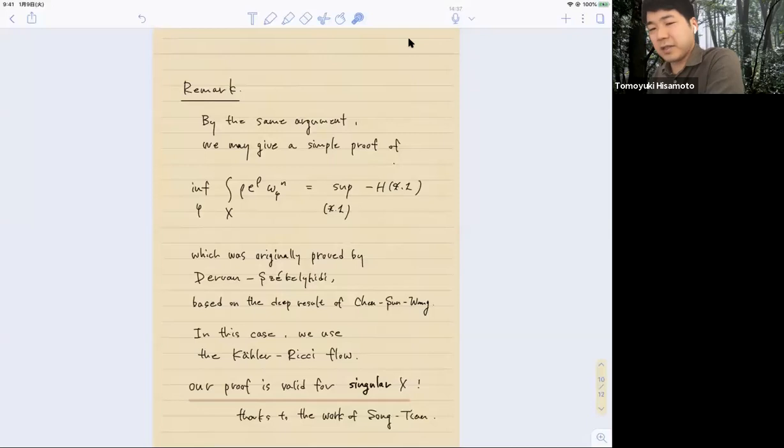It's not even a single polytope. So did you prove that the flow always converges to some metric on another space, or is it just expected?